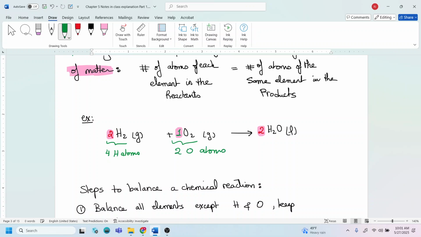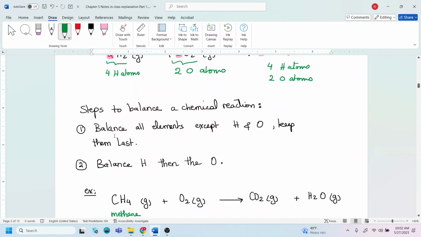Why did I say 2 oxygen atoms? Because here I have O2, which is a diatom, so this is going to be 2 oxygens. In my product, I am expecting to get the same number of atoms: 4 hydrogen atoms and 2 oxygen atoms. This is why I put my numbers in there, just to make sure to balance the equation.